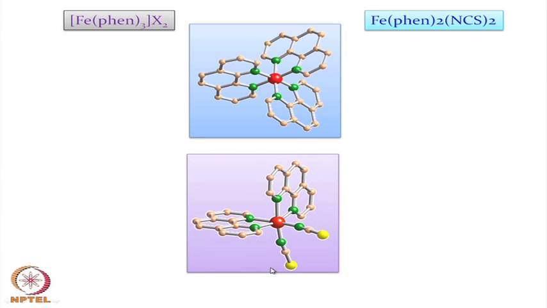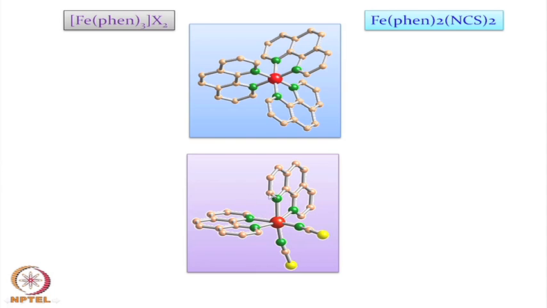So, the other molecule will look like this. We just have not substituted these 2 groups. These 2 groups are still there, and we have only the corresponding NCS and NCS binding. So, the environment around iron is still Fe(N)6.